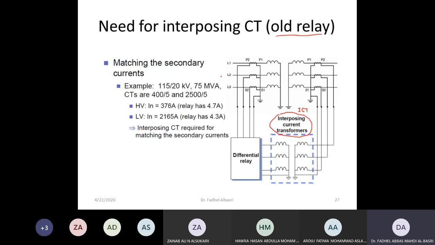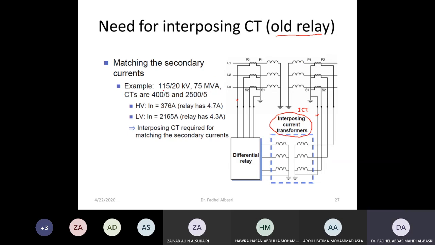Sometimes we cannot really make this exactly equal to this, because we don't have standard CT ratios for all values of currents. So I'll show you an example. Suppose we have a transformer star-star, so I have no problem with phase shift between these two currents.